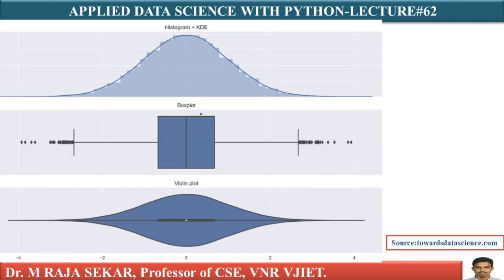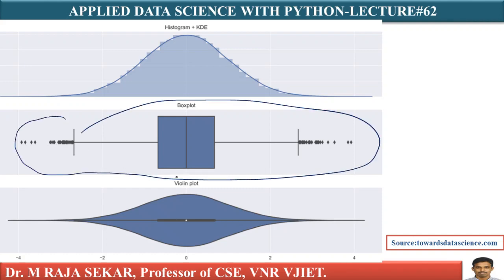Just observe this one. Just see this box plot. Where is this box plot? This is the box plot, isn't it? What is median? This white spot is known as median. This bar represents the interquartile range, isn't it? What is this? Kernel density estimate.